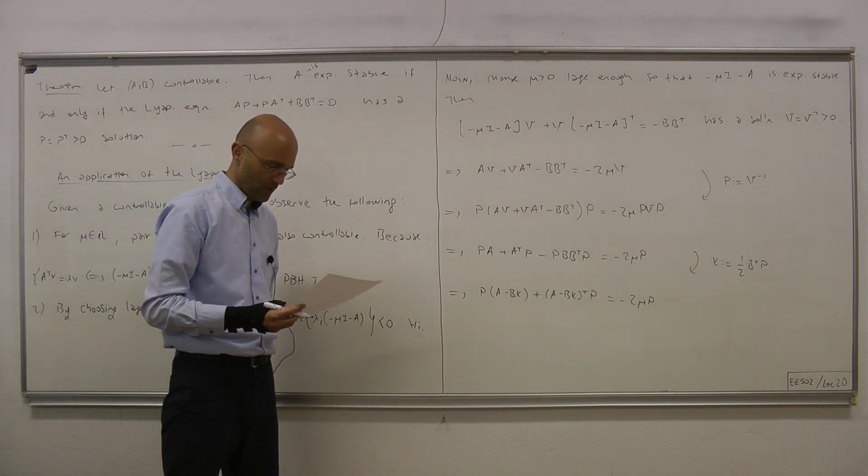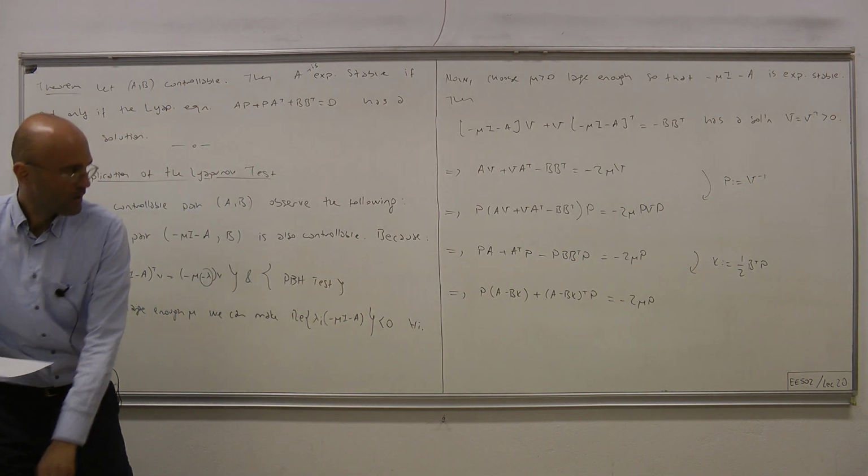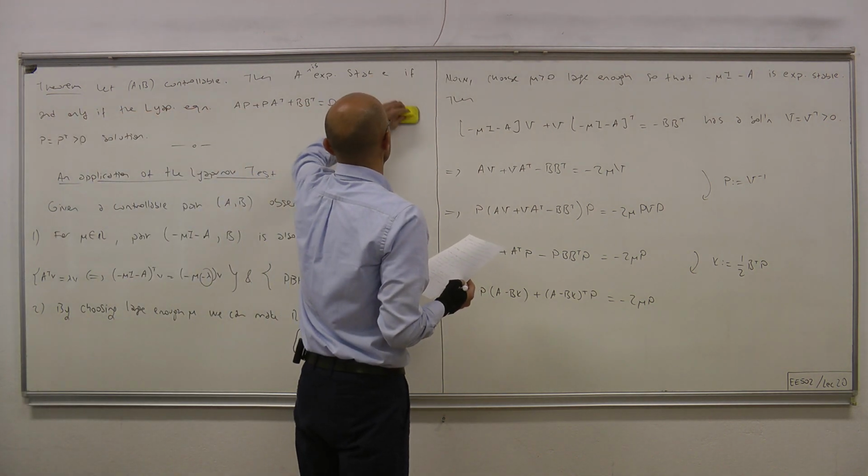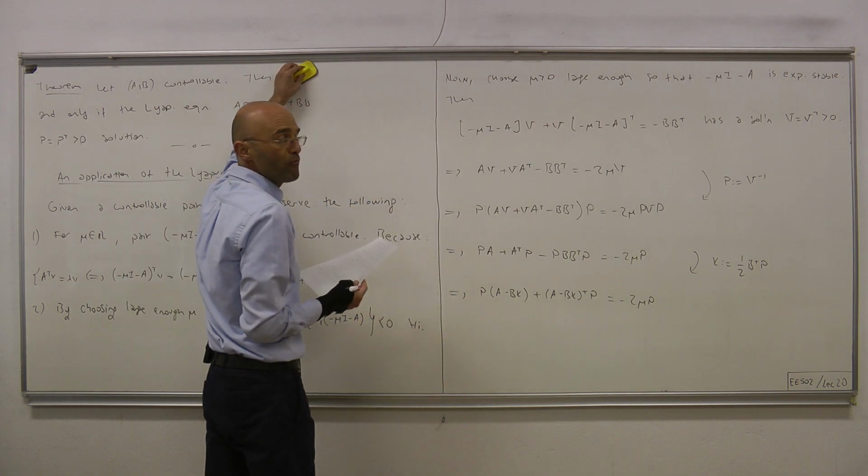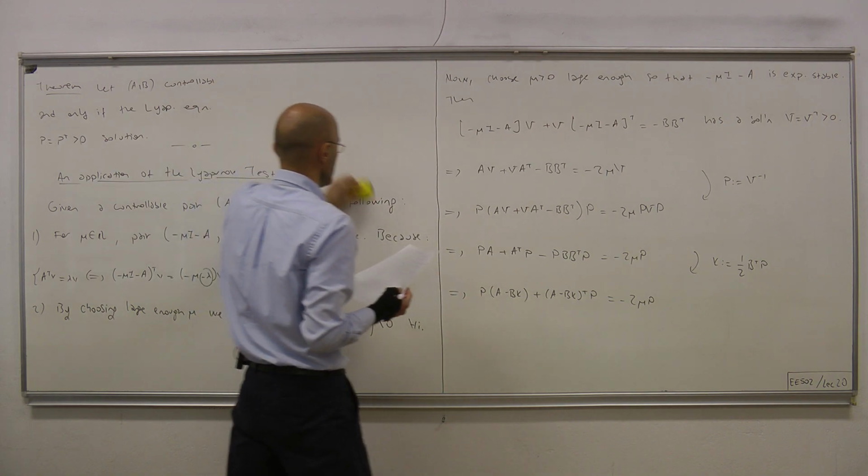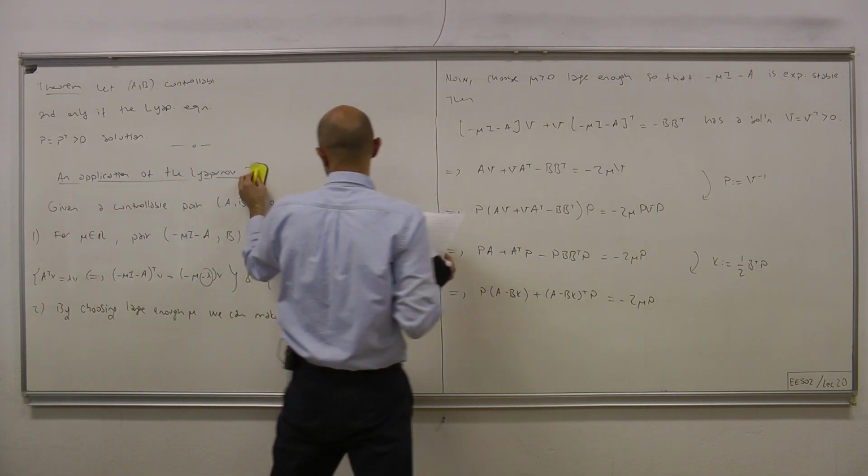This is an important form because it is what we are familiar with from the Lyapunov test for exponential stability.